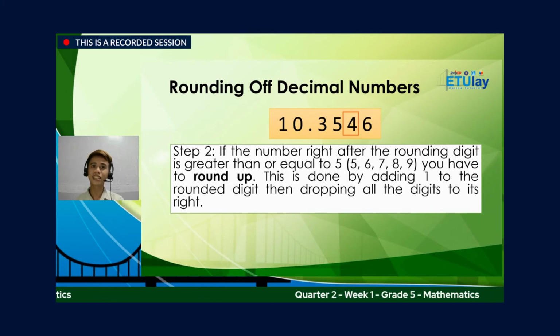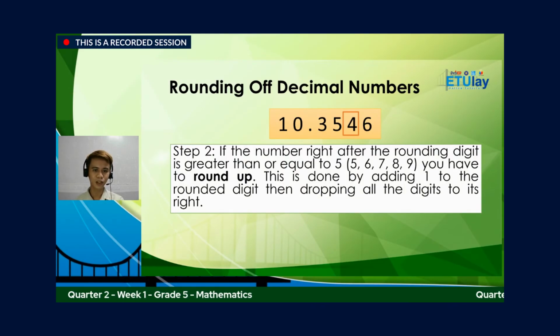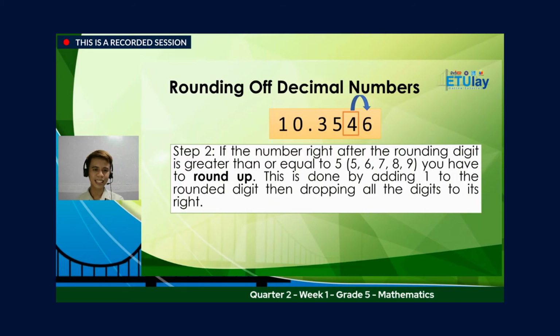I mean, to the nearest thousandths. And ang digit na nasa thousandths place natin ay yung 4. At ano nga ba ang digit na nasa right niya? Yon ay yung 6. At pasok siya dun sa qualification natin na dapat equal to 5 or greater to 5. Since 5, 6, 7, 8, or 9 yon.